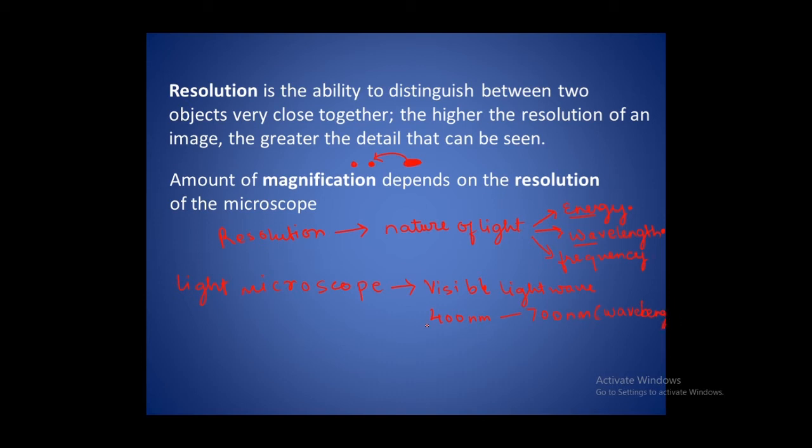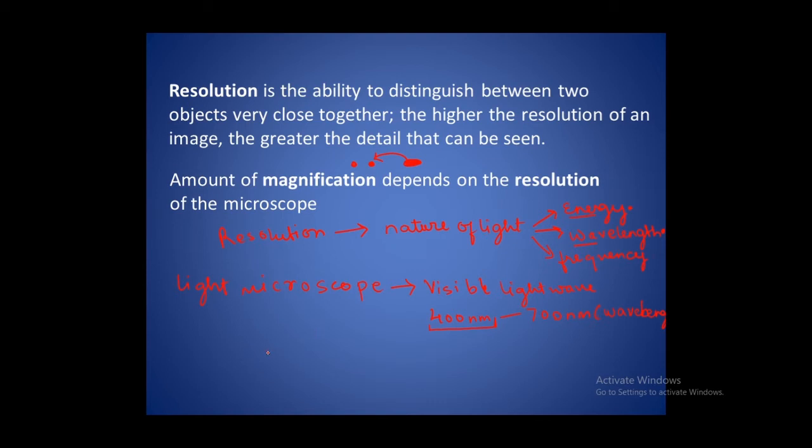Now this range which we are using, if you see, the lowest wavelength that can be used using a light microscope is 400 nanometer, and resolution, as I told you, depends on the nature of the light.